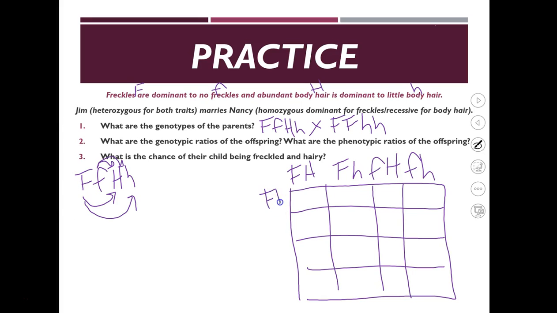So all of Nancy's alleles are big F, little h, which is actually going to make doing this Punnett square a lot easier. So when we do it, we want to keep the letters, like letters, together, so the F's will stay together. And then you want to put them in order of capital first, then lowercase.